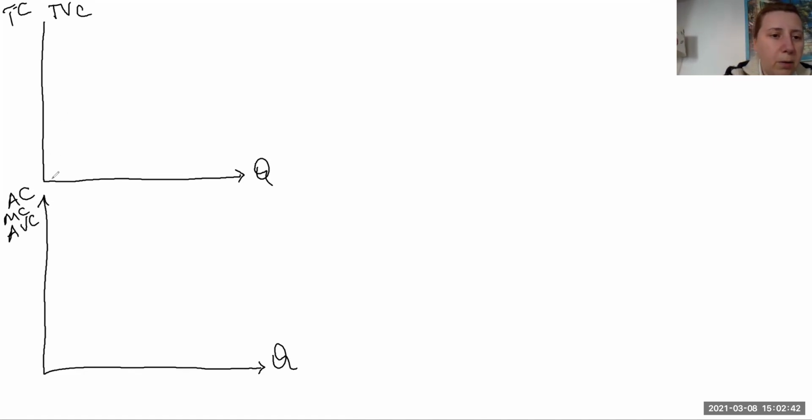Firstly, total variable cost starts from the origin, and it's just a third degree function. Here we have a turning point, which is important for us.